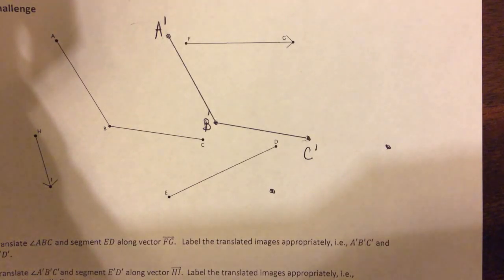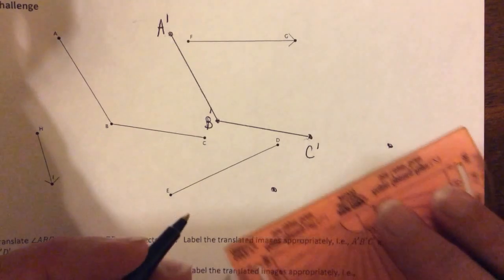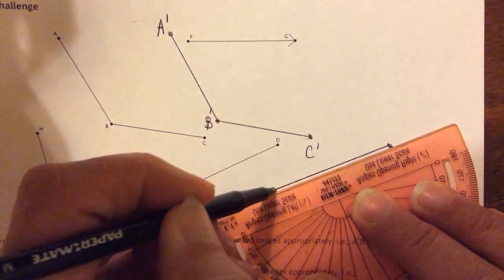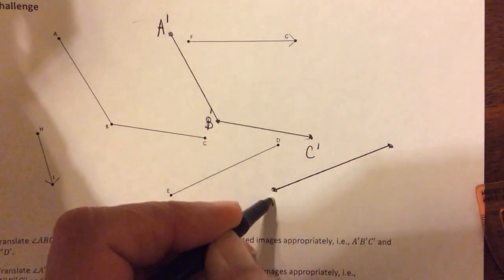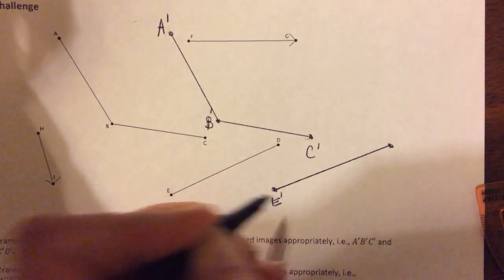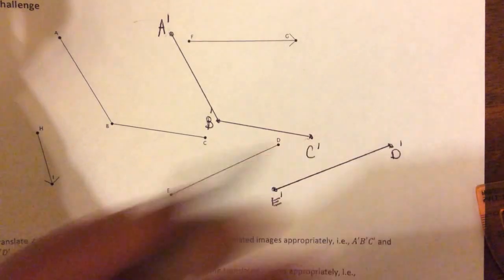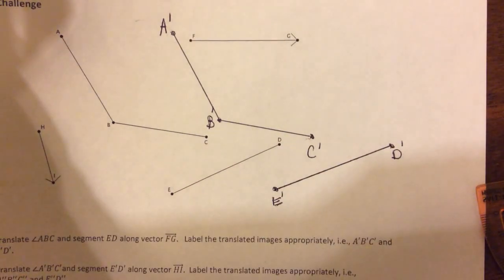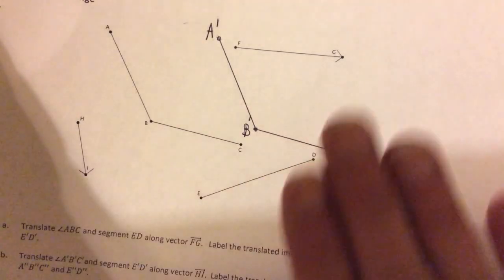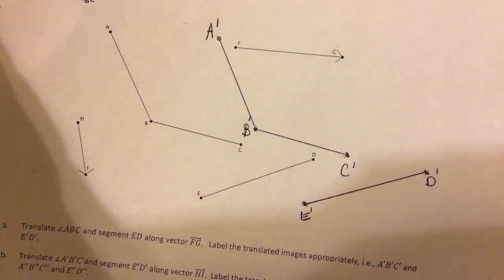And I'll connect those. So this is D prime and E prime. There's my segment. D prime, is that D? No, that's E prime down here. E prime and D prime. Okay, so you can kind of see these have moved over and down a little bit.